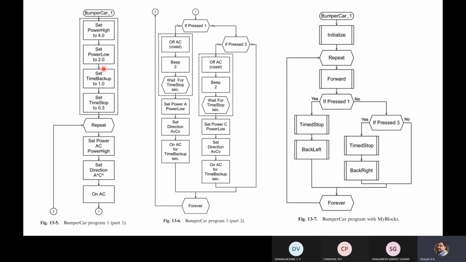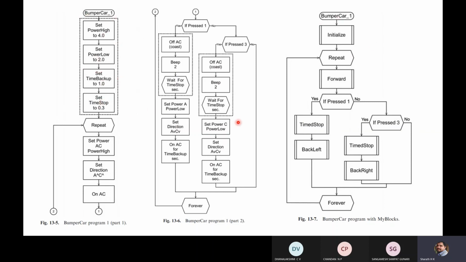Instead of representing the details of that, you can group them. So here, instead of writing the program for this much length, you are able to simplify it by representing a few steps as subprograms.